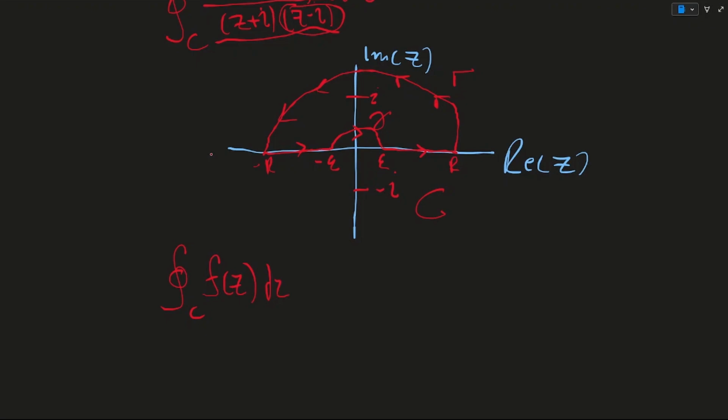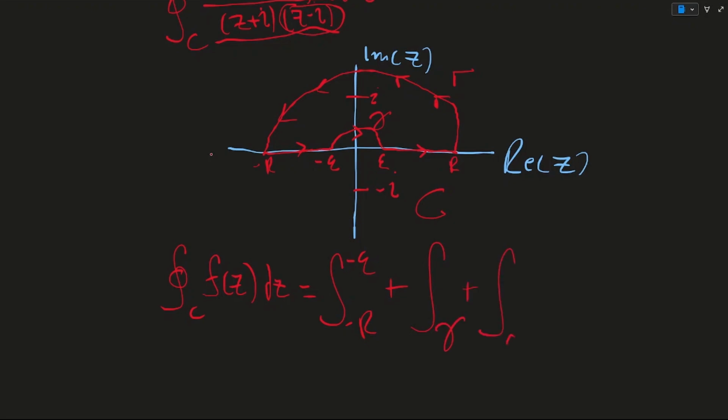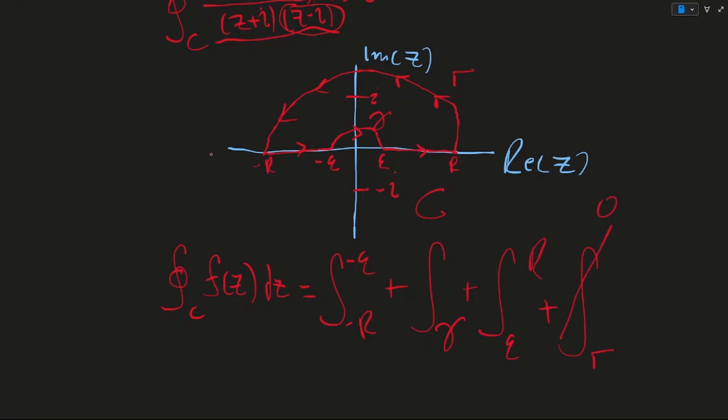And we know that this is equal to the integral from negative r to negative epsilon plus the integral of little gamma plus the integral from epsilon to r plus the integral along gamma. And so it can be proven by Jordan's lemma that this integral converges to 0.